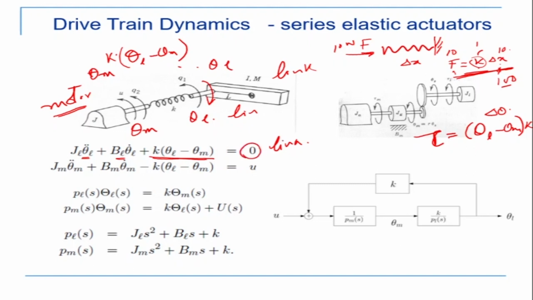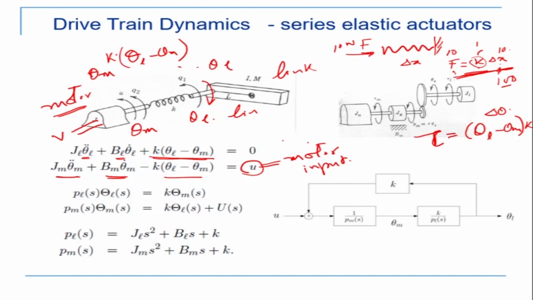Equal to 0 means this is passive, there is no input on that side, and hence it is not controlled. Now if you're looking from the motor side, when the motor rotates, it's motor inertia into acceleration plus damping into velocity minus k into theta L minus theta M is equal to u. This is my motor input. When you're giving the voltage to the motor, you're giving an input to the motor.